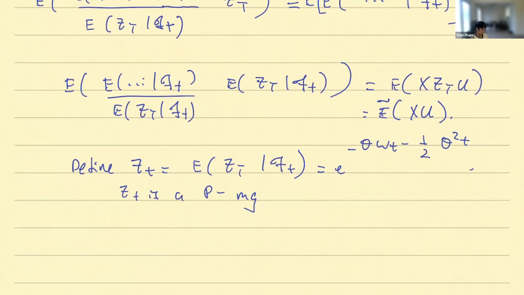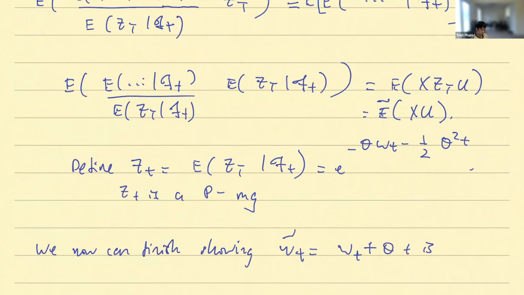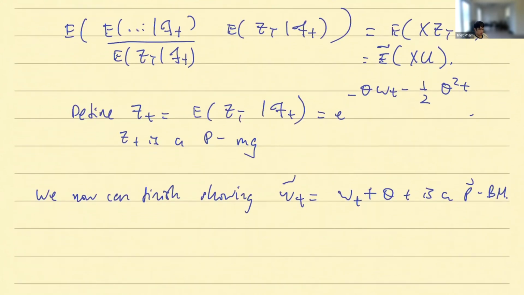Now we can show that W tilde, which is W plus theta t, is a P tilde Brownian motion. All right. How do we do this?